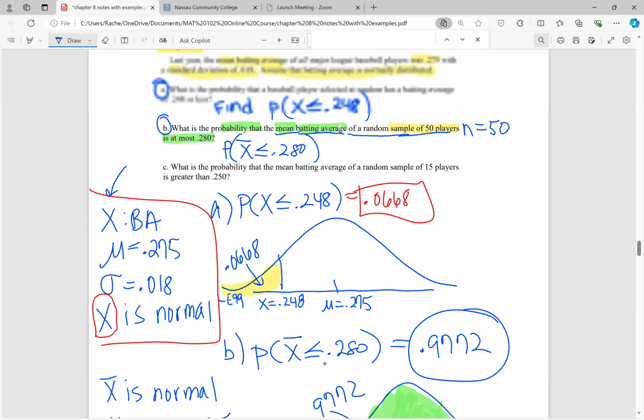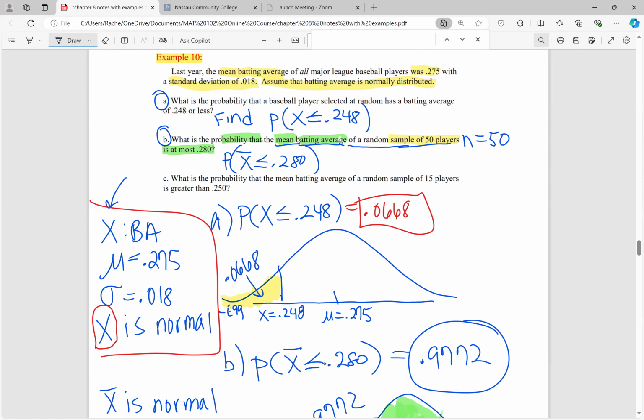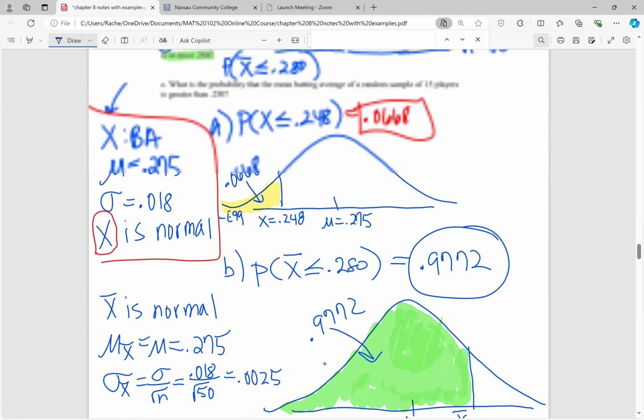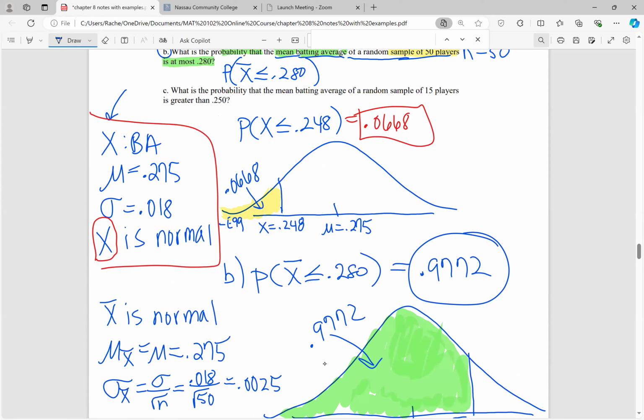And now let's go to part C. So part C says, what is the probability that the mean batting average of a random sample of 15 players is greater than 0.250? So I'm going to erase part A, and we'll do part C right here, just to make some room.